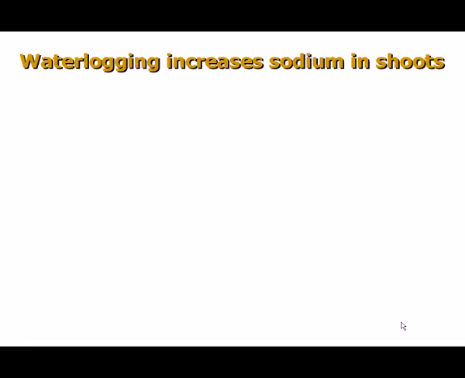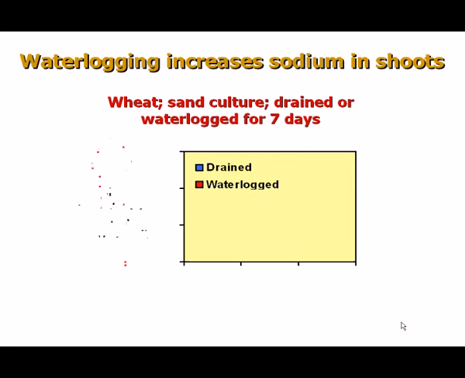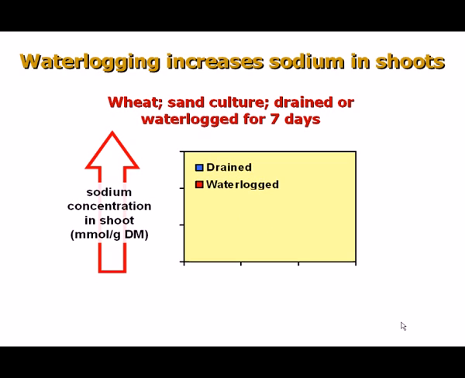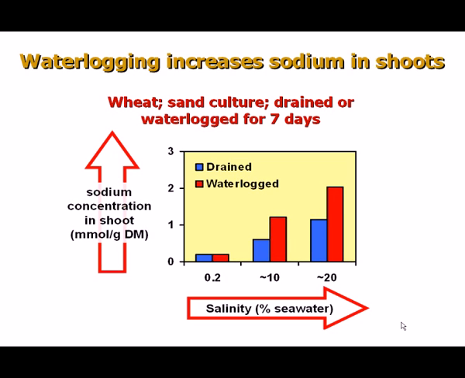And so we find that when plants become waterlogged, that waterlogging increases the concentration of sodium in the shoots and chloride. But here's a data set for sodium. We've got wheat grown in sand culture, and it's been drained or waterlogged for 7 days. We've got on the y-axis there the sodium concentration in the shoot, and on the x-axis here different salinities as a percent of seawater, and here are the data.